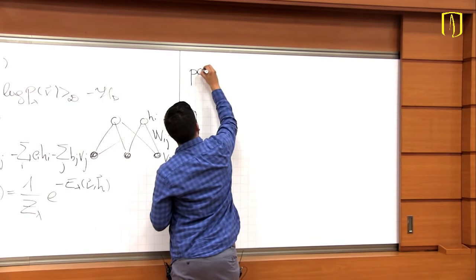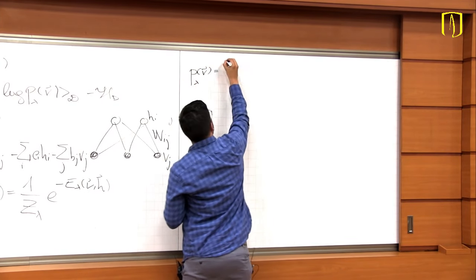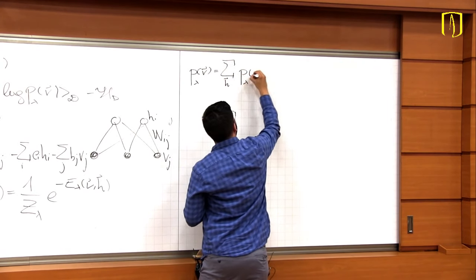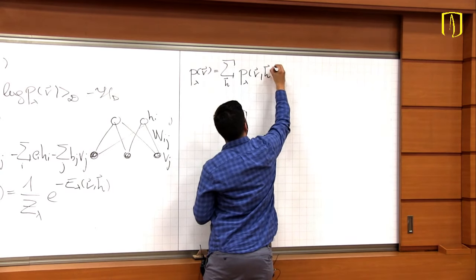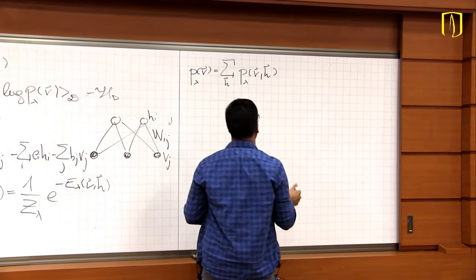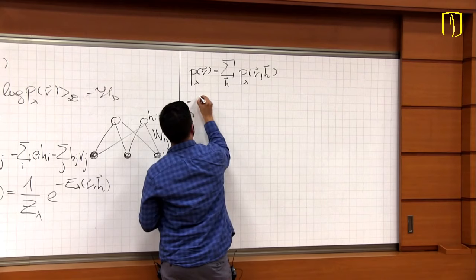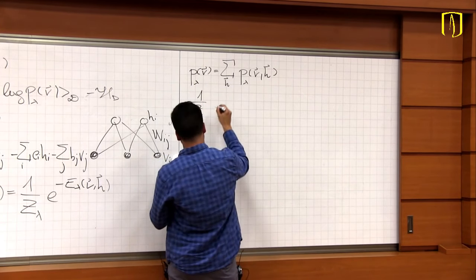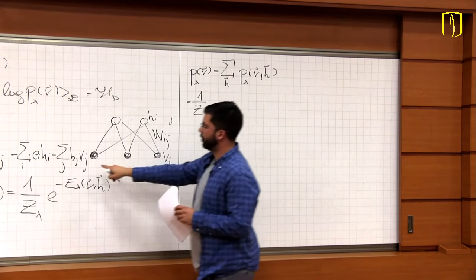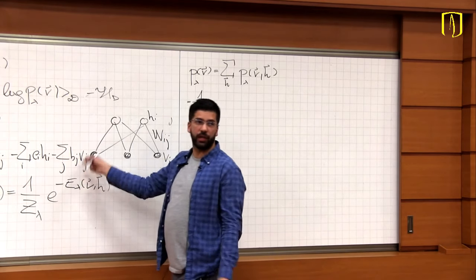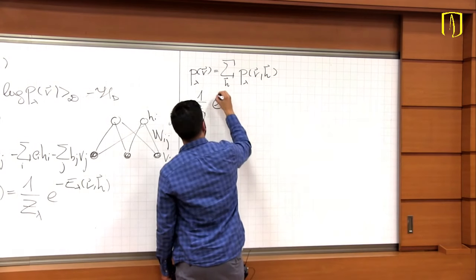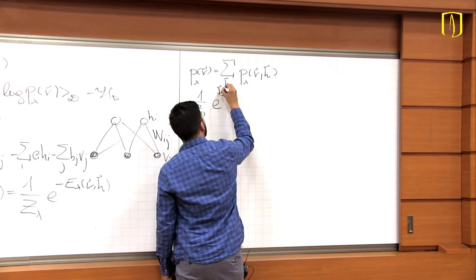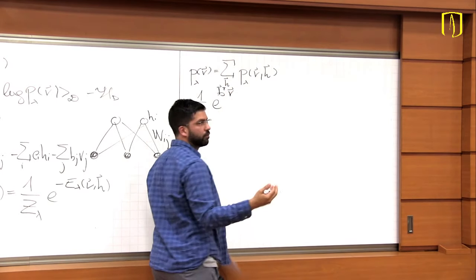So P of V, this is the sum over H of P lambda of V and H. Okay? And so let's have 1 over Z. This part here does not depend on H, so I'm just going to put it in front. Let me say b transpose V, just shorthand notation.